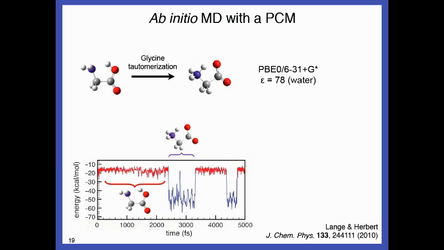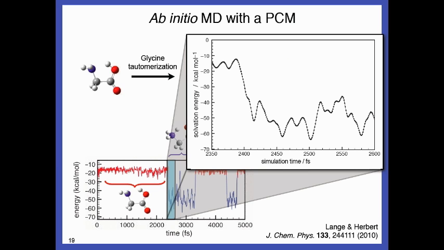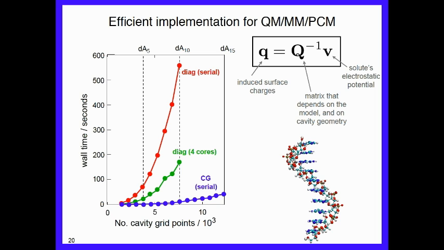But if I blow those data up, I see that even in the course of this intramolecular proton transfer, where we get a very rapid change in the energy, that change in the energy really is a smooth function of molecular dynamics step.